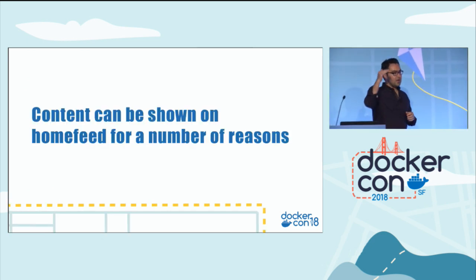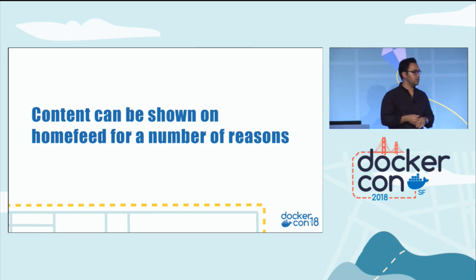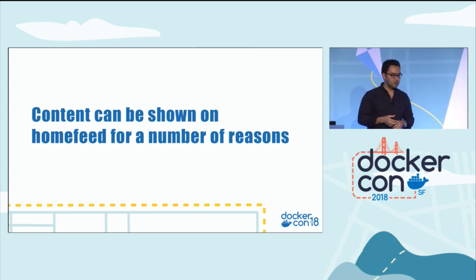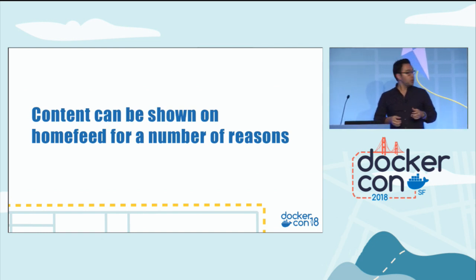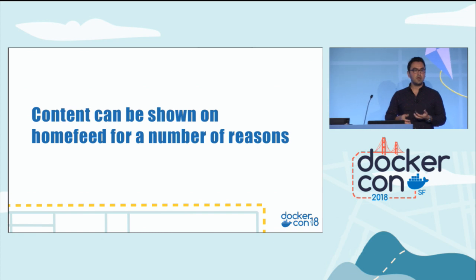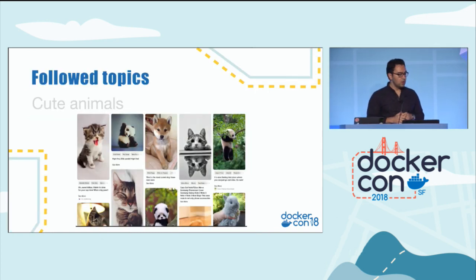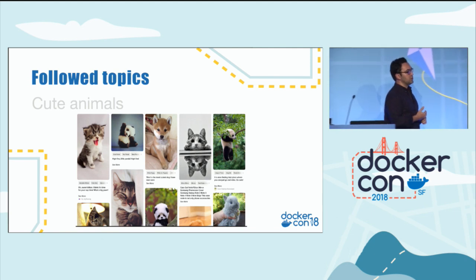So we will start at a high level and keep going deeper. And in the Q&A, we can go even deeper if you have questions around some specifics. So the content on Pinterest home feed can be shown due to a variety of reasons. The first one is the topics you follow.